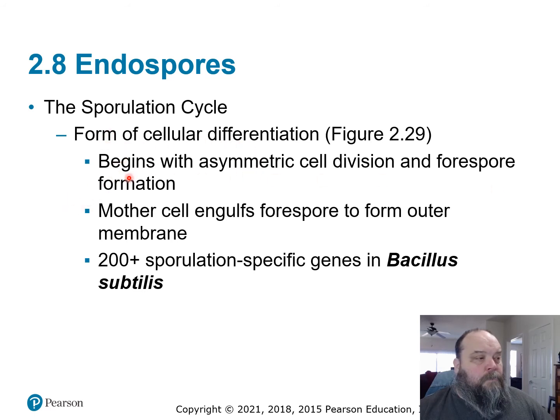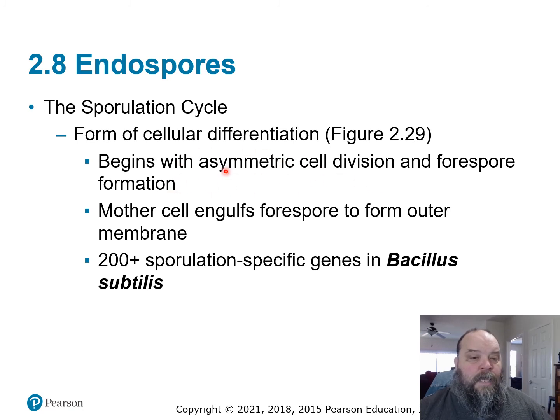Sporulation begins with an asymmetric cell division. Okay? Normally, when most of these bacteria divide, it's an equal division. Make a copy of everything, split everything down the center.